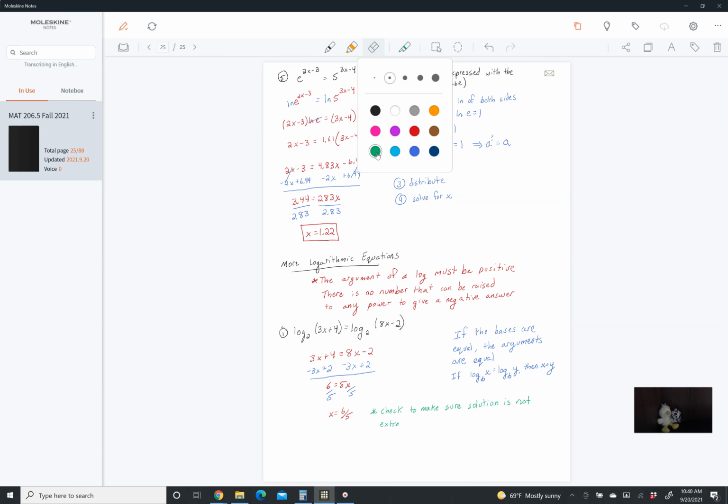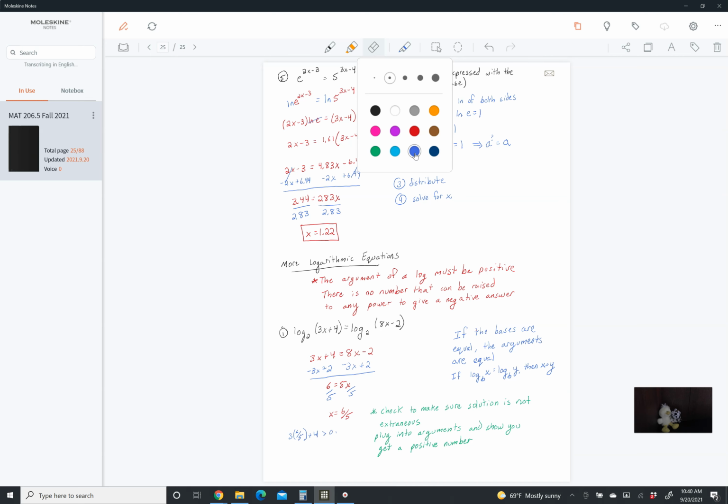And what that means is we have to plug it back into the arguments and show that you get a positive number. So that's what we're going to do here. 3 times 6 over 5 plus 4. We don't even have to solve.